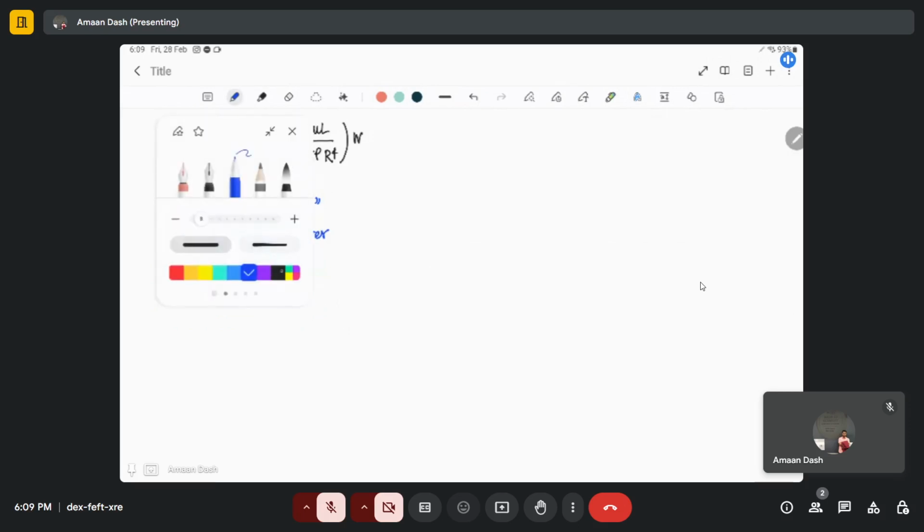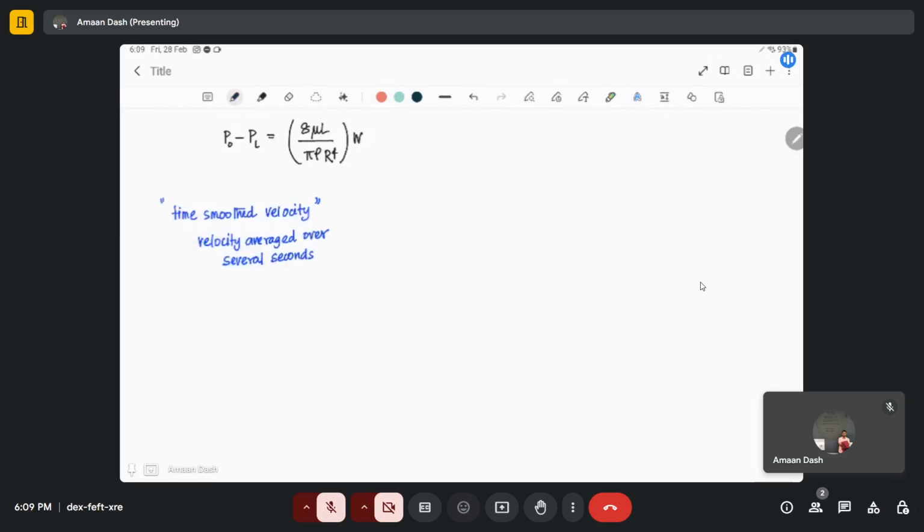But for now just consider that it is some kind of smooth average velocity that we are considering. So it's an average over time. Remember that it is a time smoothed velocity, averaged over time.